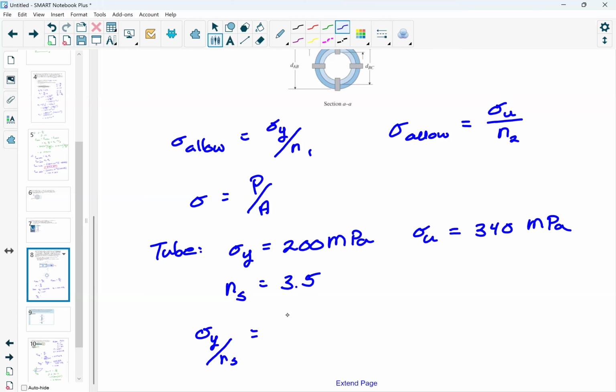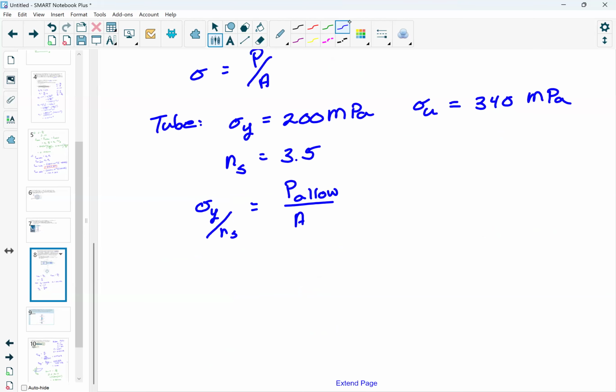That's then going to equal our P allowed over the area. We're going to have to calculate this twice to see which one is, for lack of a better term, in control. Okay, because we always look for the smaller one.